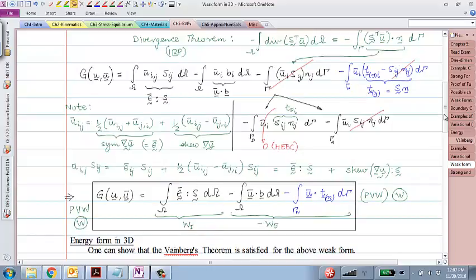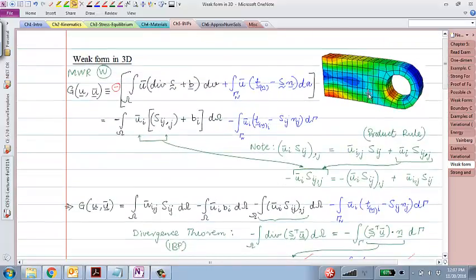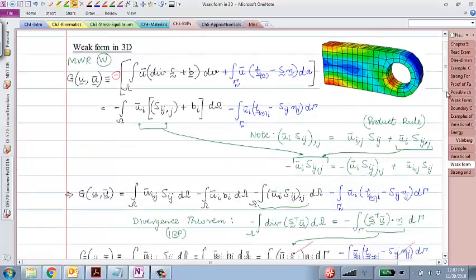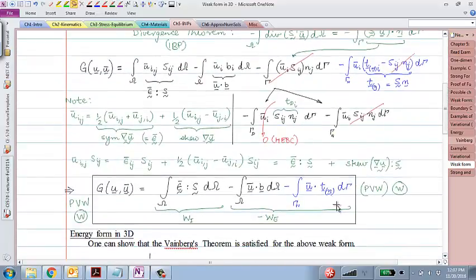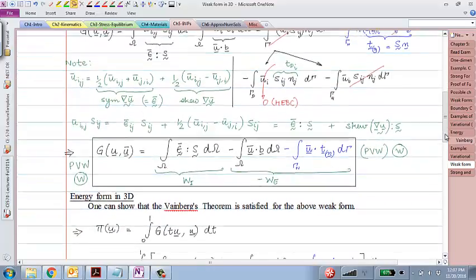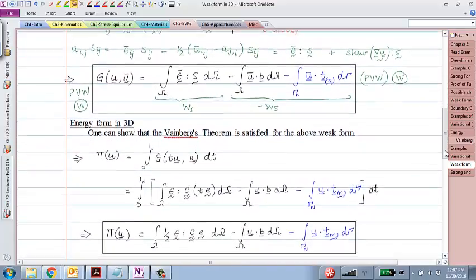And the external virtual work done by the body forces and the tractions is given by this WE term. Exactly what we had for that one-dimensional problem. It's very analogous to what we did for the original one-dimensional problem. Of course, the math is a bit more involved, but essentially it's the same idea.